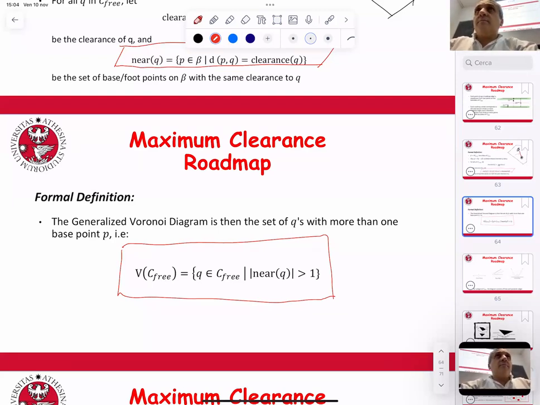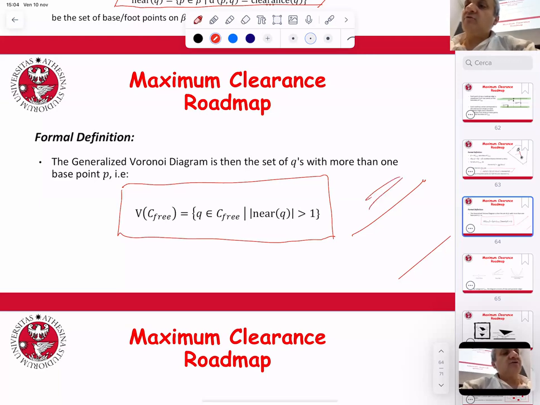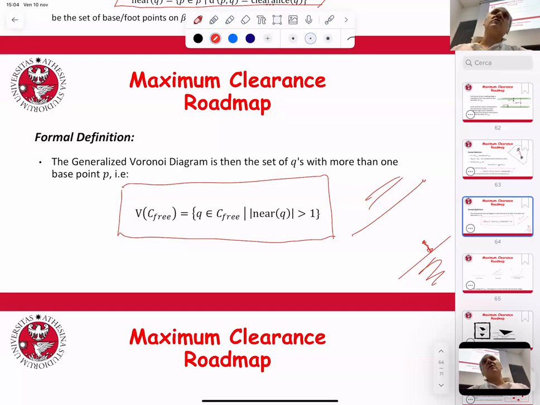1, sorry. Okay, so if you are considering again 2 lines like this, and these are the boundaries of your obstacles, and you consider this point here, in this case you have a unique point which is at the clearance distance from you, right?